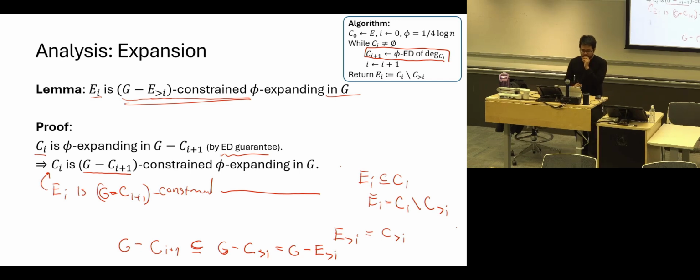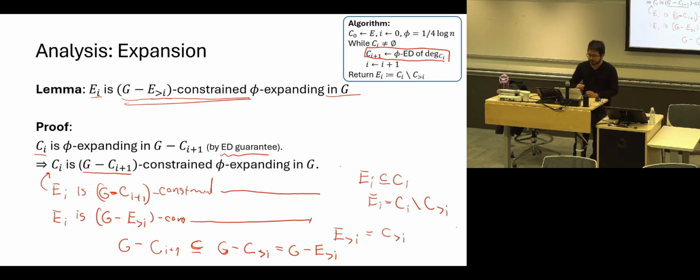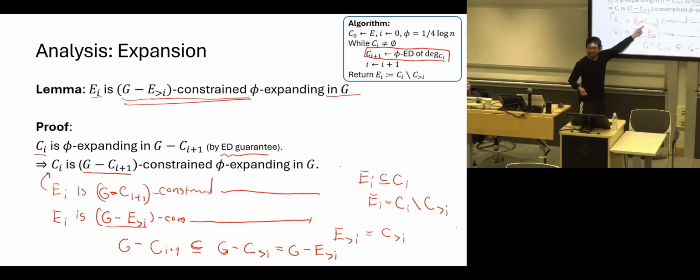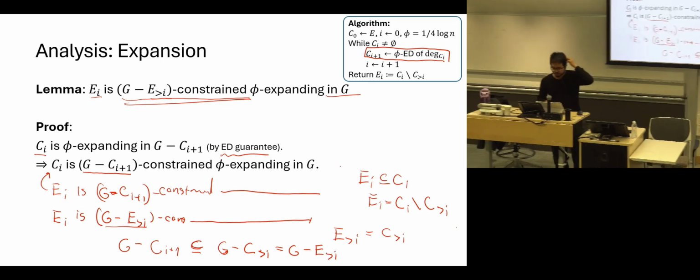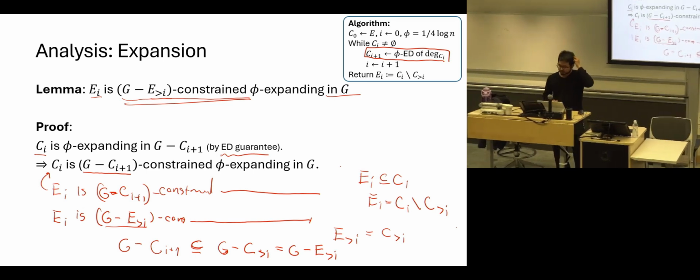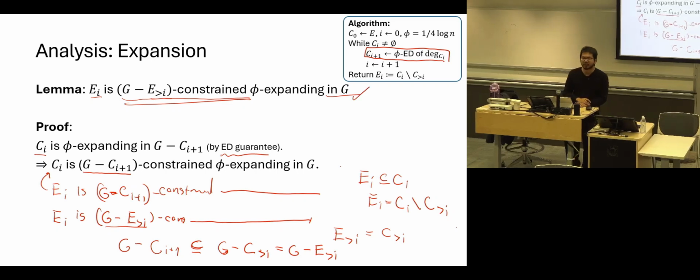So it means that Ei would be constrained expanding in G, because this is a subgraph of this guy. So you have more constraint. Okay, so you get this thing.